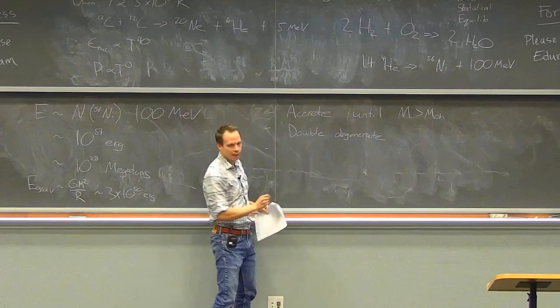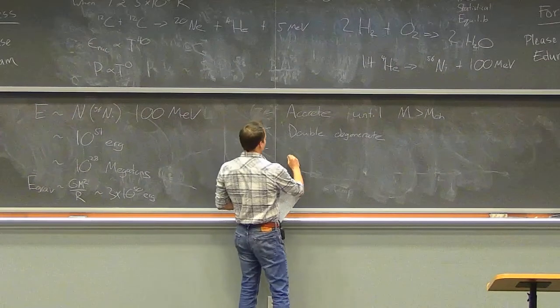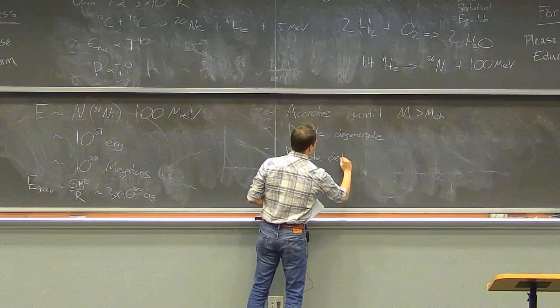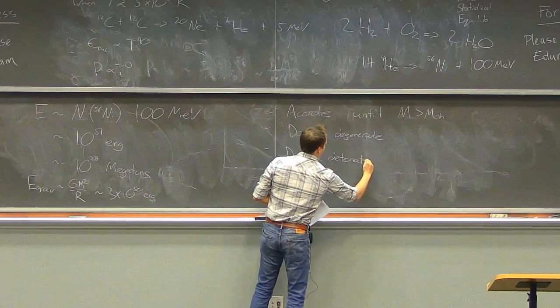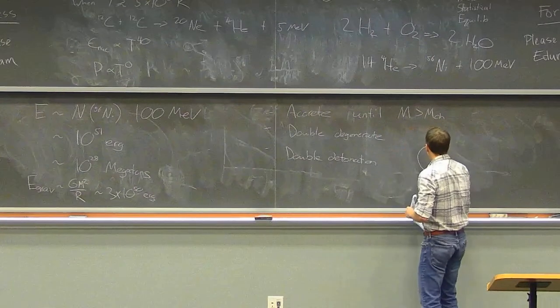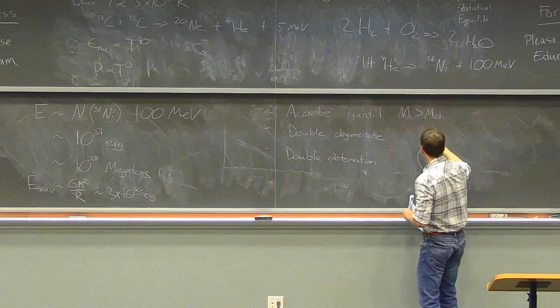Let's see, Ken isn't here today, but there's also variations of this, like the double detonation scenario, which maybe is the most interesting one. So in that scenario, you have your carbon oxygen in your core.